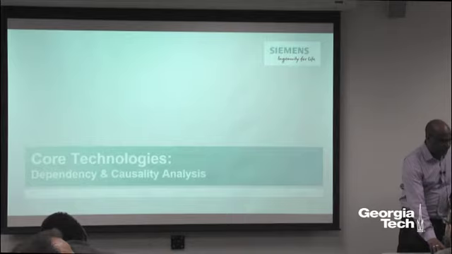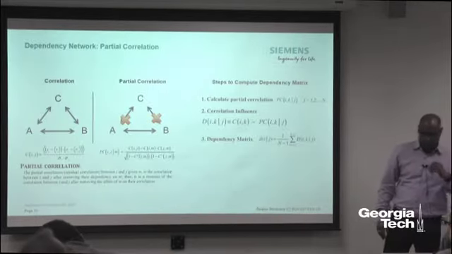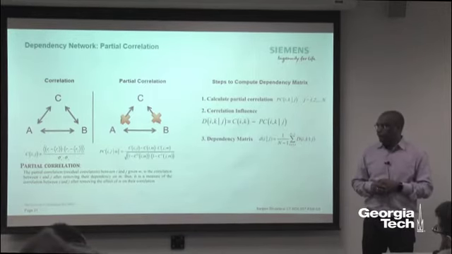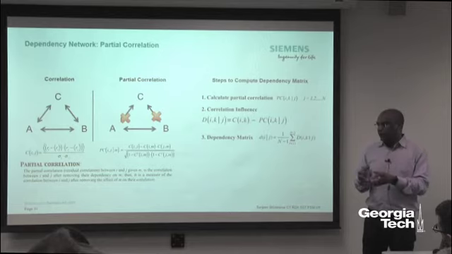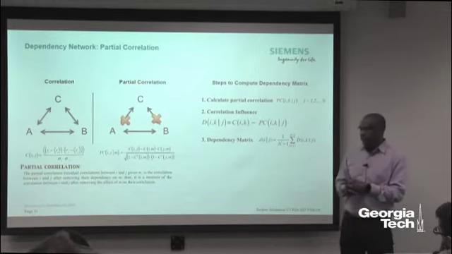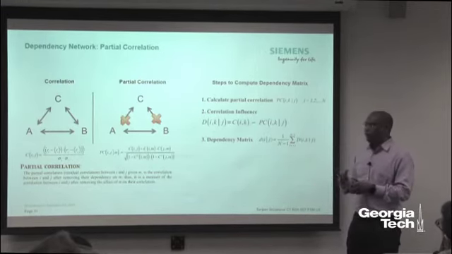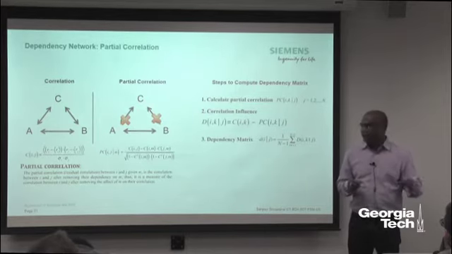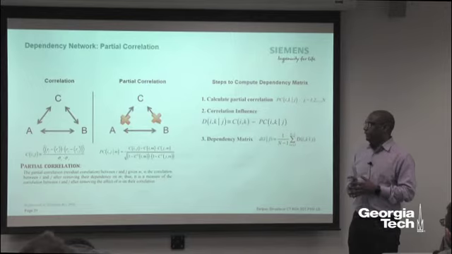Okay, another aspect is the dependency and causality analysis. So one of the things is that when you're doing this design process, very early in the stage, you want to know for a given design, which is meeting your requirement or not meeting your requirement, which are the parameters which are most responsible for the design being in a certain state. So you want to do some kind of dependency or causality analysis.